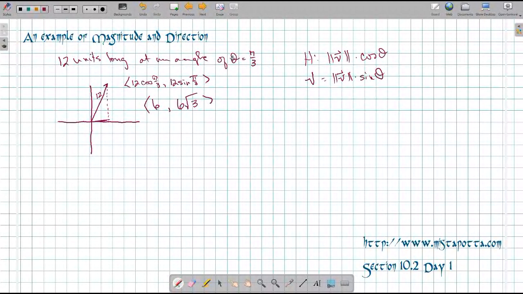But it's very easy to go both ways given these formulas. To find the horizontal and vertical components, I just take my magnitude and multiply by cosine theta or sine theta respectively.